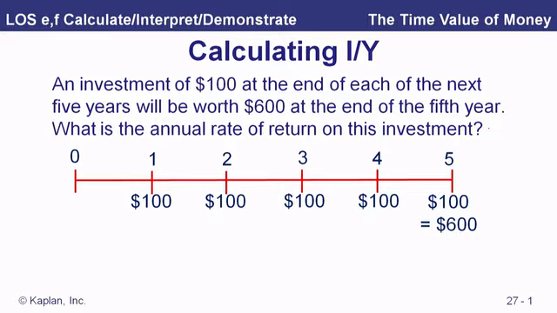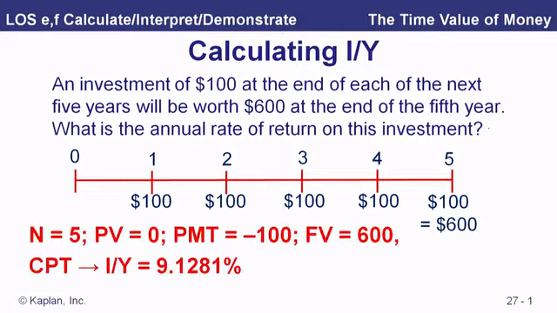Well, taking a look at our timeline, we see our future value is $600. In end mode, we've got 5 $100 payments. So there's our payments, minus 100. Our future value has to have the opposite sign. If we're going to put the payments in, we're going to take the 600 out. If we're going to take the hundreds out, we'd have to put the 600 in.